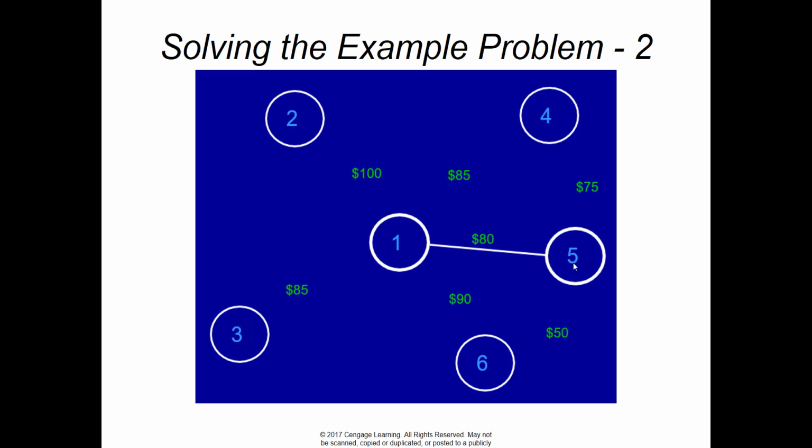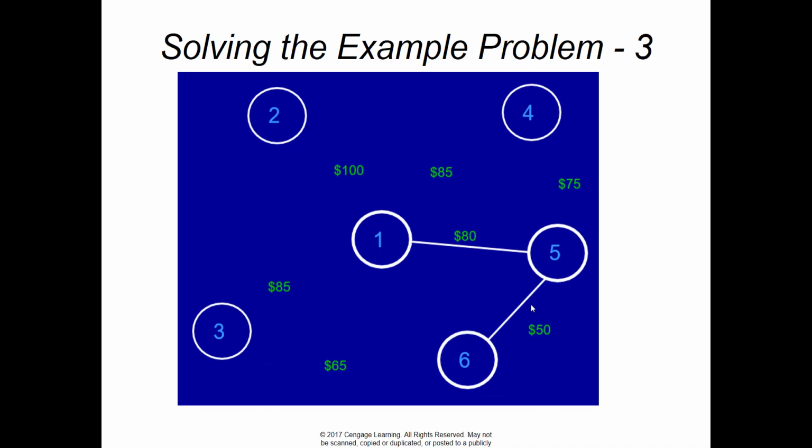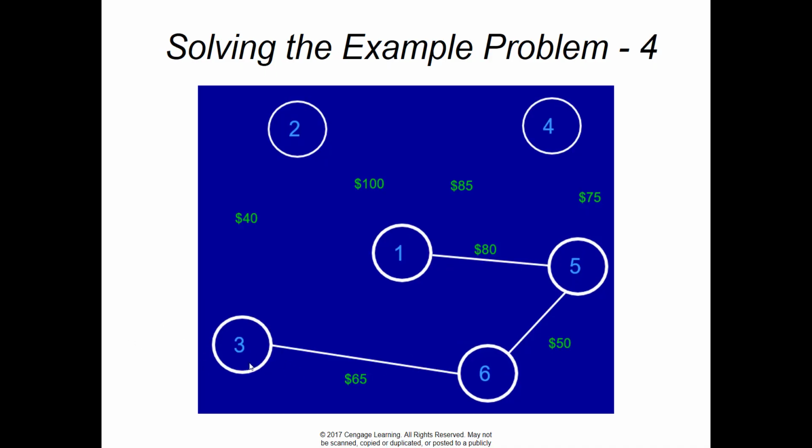So the next node is node 6, and now the other arcs that can be added to the system include the one that connects 6 to 3. Across all of these numbers, 65 is the smallest, so we select 6 to 3, and we have the second arc. Then node 3 only adds one arc to the system.